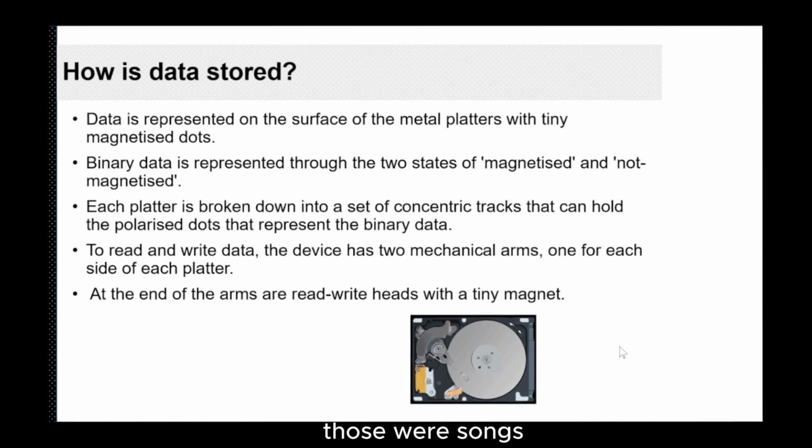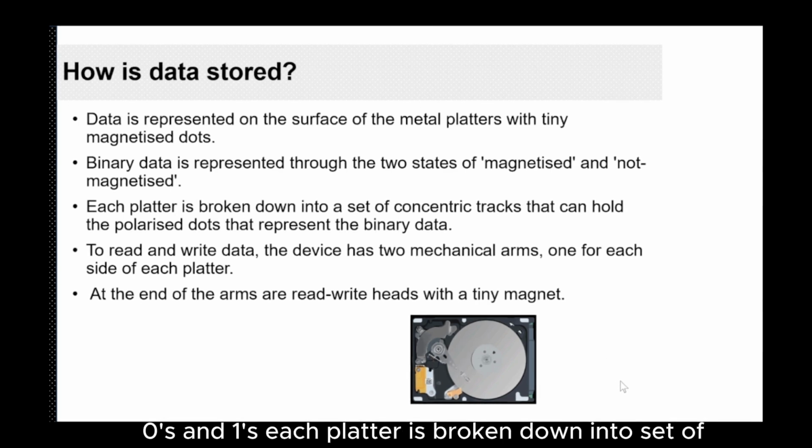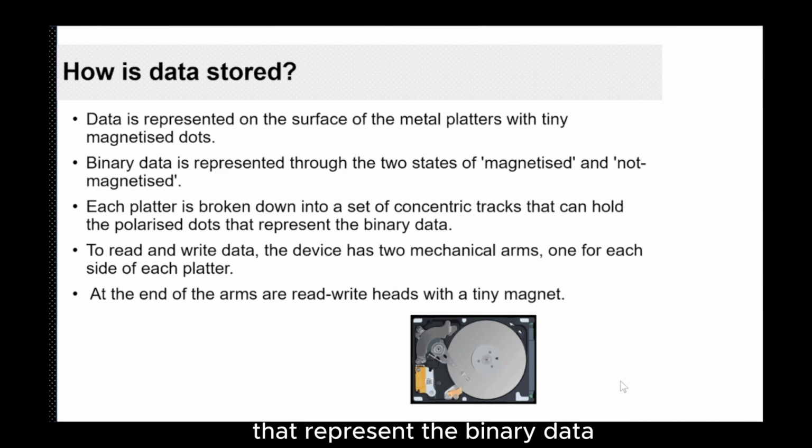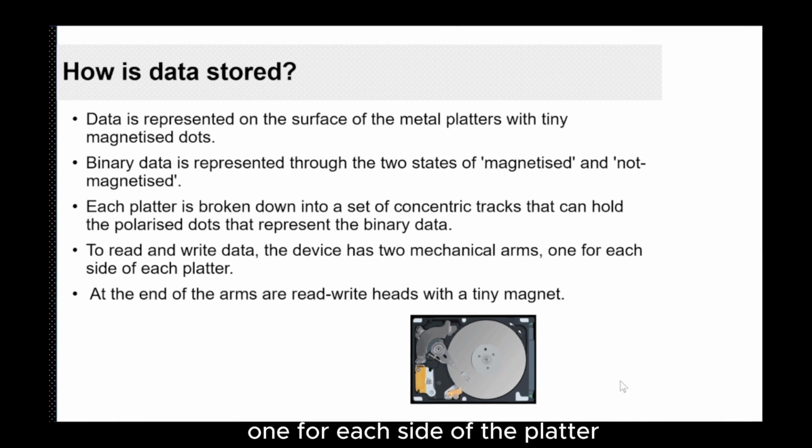Those were songs. Similarly, here they are represented by dots, zeros and ones. Each platter is broken down into a set of concentric tracks that can hold the polarized dots that represent the binary data. To read and write data, the device has two mechanical arms, one for each side of the platter.